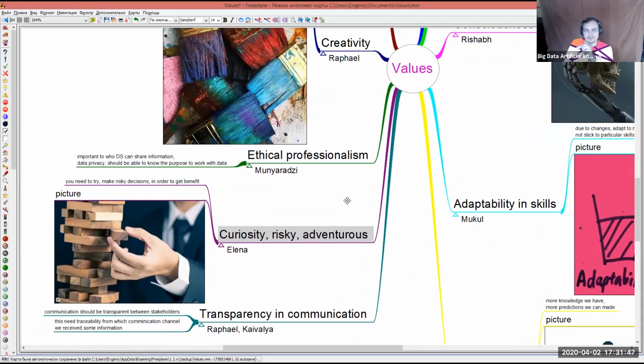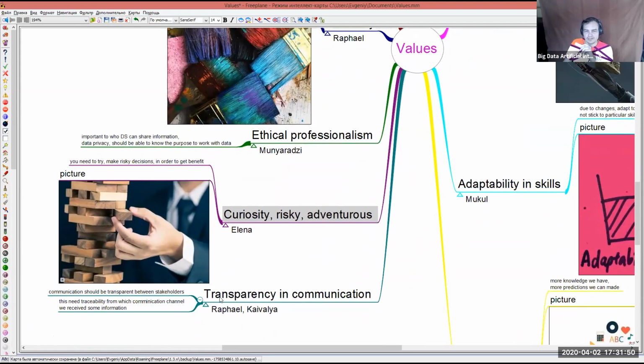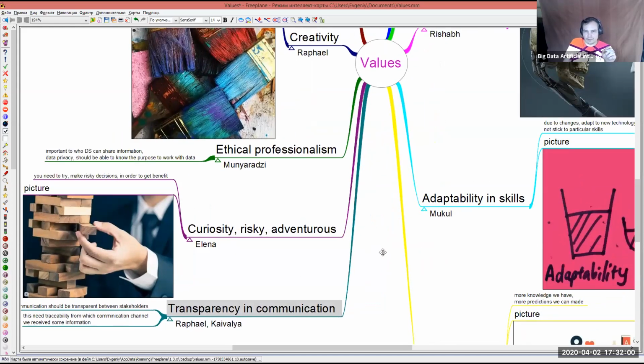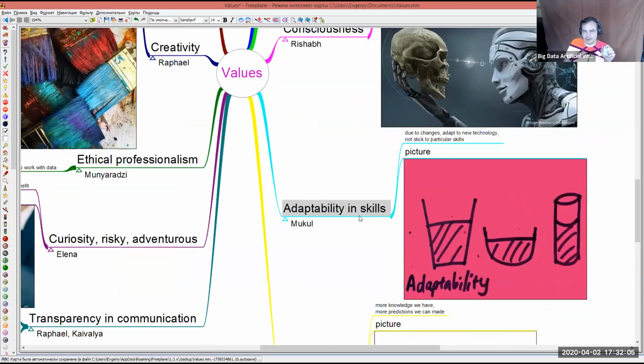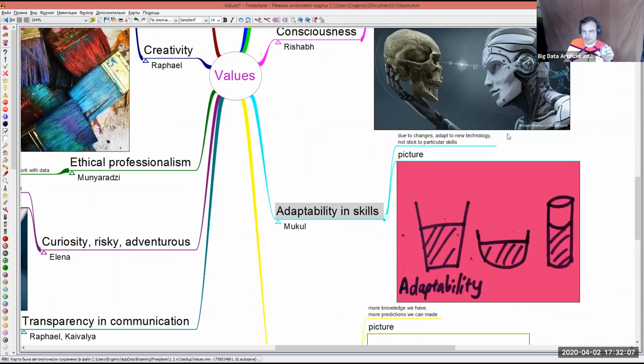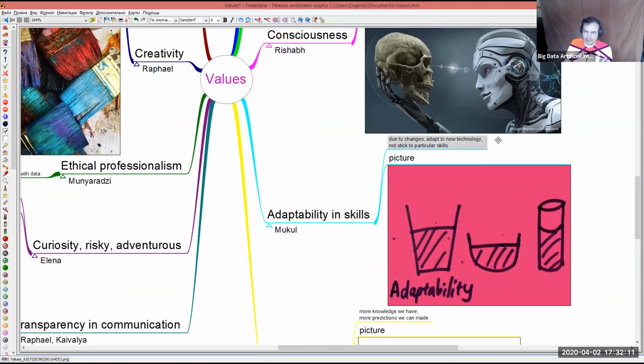But you need to be transparent in all the communications and explain why you need this small piece of data. And you need to guarantee, by your adaptability and skills, the high level of security technology, that no one will take access to your data.